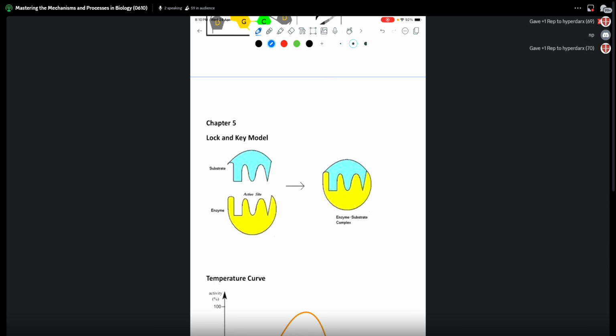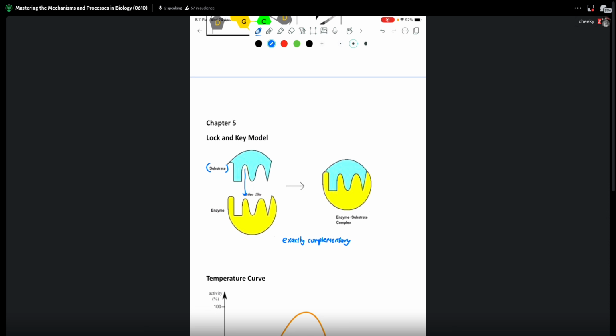This enzyme has an active site. So what is the purpose of this active site? It is for a substrate to bind with it. So remember, this lock and key model needs to be exactly complementary. So take note, it has to be exactly complementary.